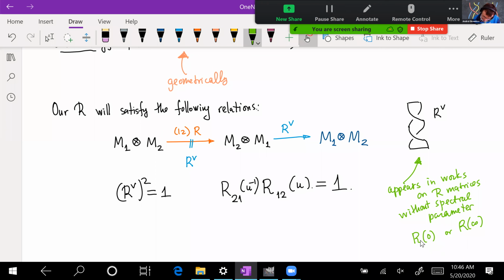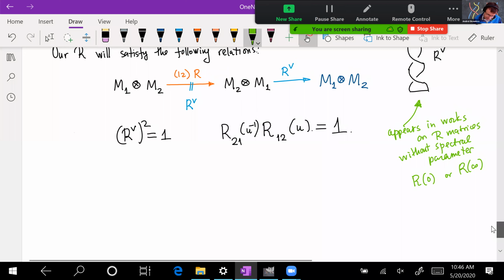And so of course, if you specialize u to be 0 or infinity, then the relation that R check squares to 1, since this relation inverts u, is lost. So you think this is less general, but in fact it's more general. This relation, which doesn't look like a braid relation but like a symmetric group relation, is in fact more general than this relation. We'll get there.